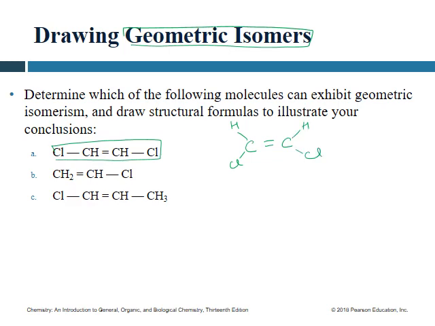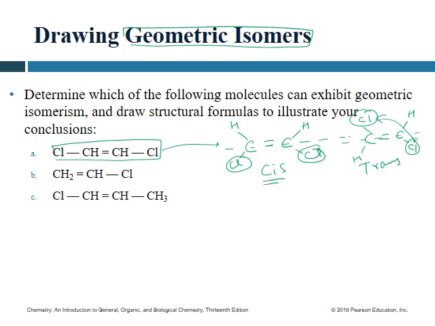So in this case if I draw the compound like this, that means both of the Cl groups are on the same side of the plane of the double bond, so this is the cis isomer. If I would have drawn it the opposite way, C double bond C, one chlorine on the top, hydrogen on the bottom, hydrogen on the top, chlorine on the bottom, now they are on the opposite side of the plane, so this is trans. So depending on how you draw, you can make cis and trans isomers from this compound across the double bond.